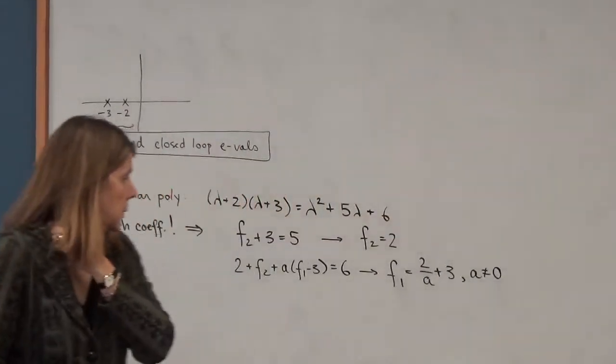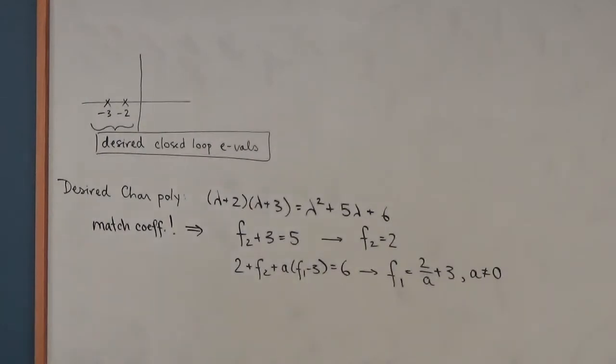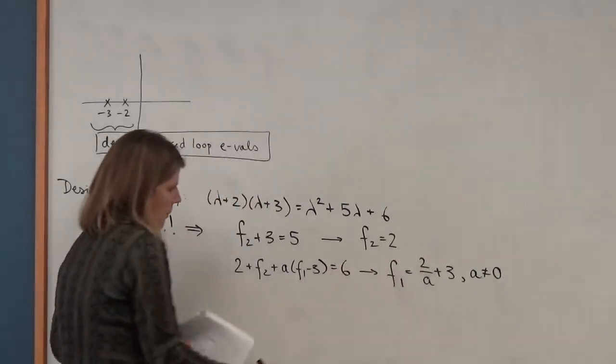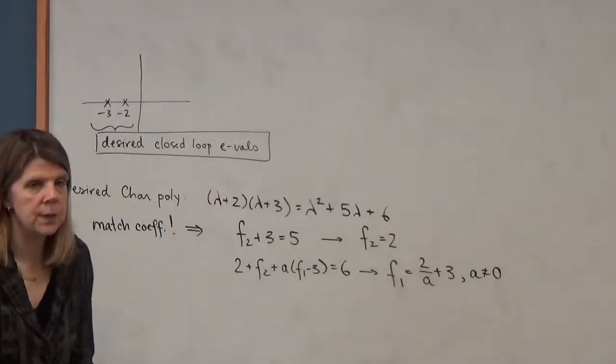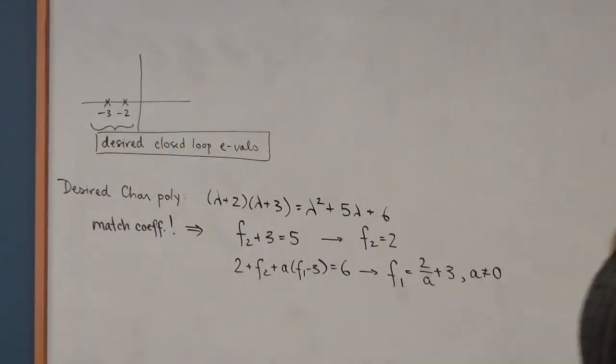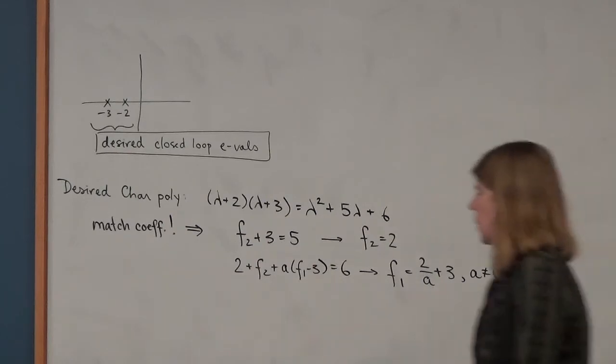Okay, so that's fairly satisfying, but what happens when A is equal to 0? So when A equals 0, it becomes a problem. We can no longer place those eigenvalues anywhere we want. And if we look over here to explain that, when A equals 0, you see the dependence of the actual characteristic polynomial on F1 drops out.